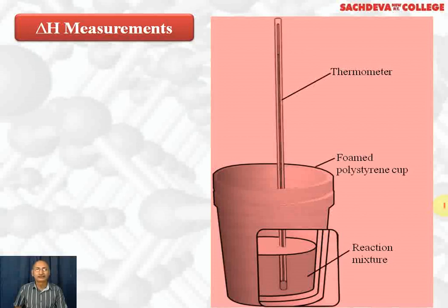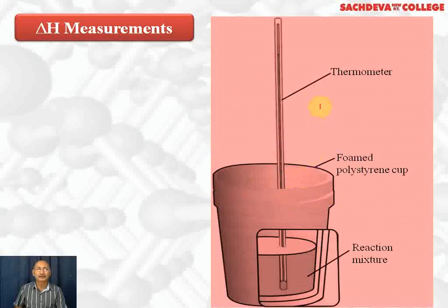So this is the apparatus, the calorimeter, which is used for delta H measurement. Here, the reaction is carried out in the mixture and there is a thermometer which will note the rise in temperature. And here we have to keep external pressure equal to 1 atmosphere because the container has to be open.